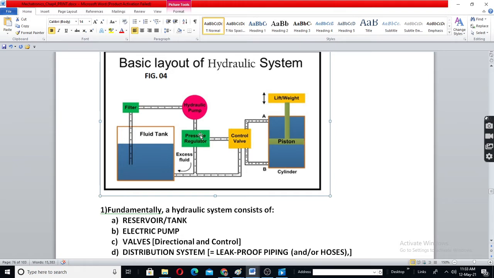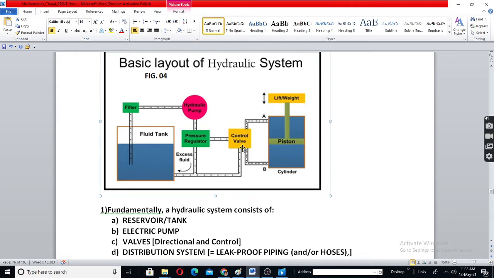If the pressure is within the permitted value, it will permit flow to the control valve. If it is exceeded, the extra liquid will get returned to the tank.